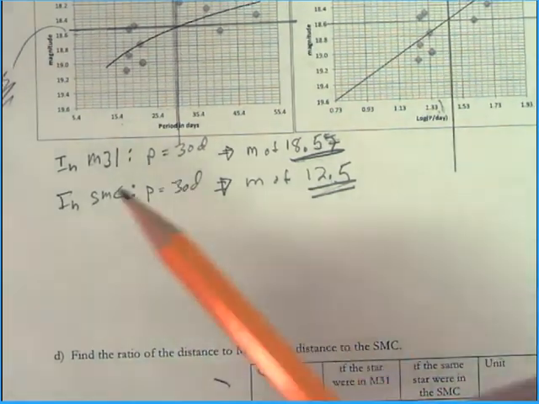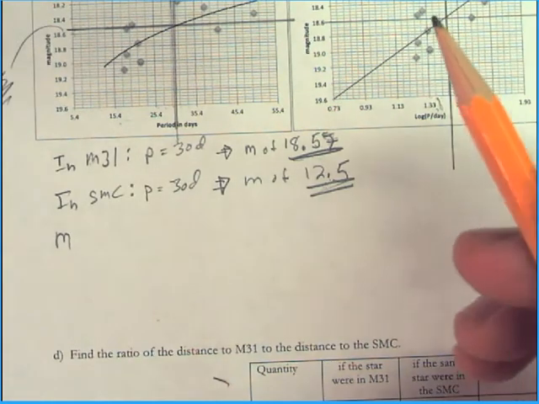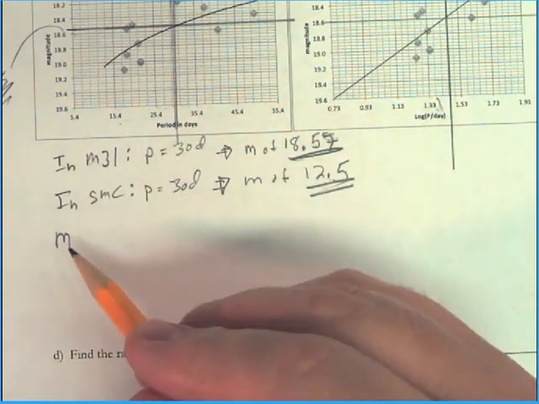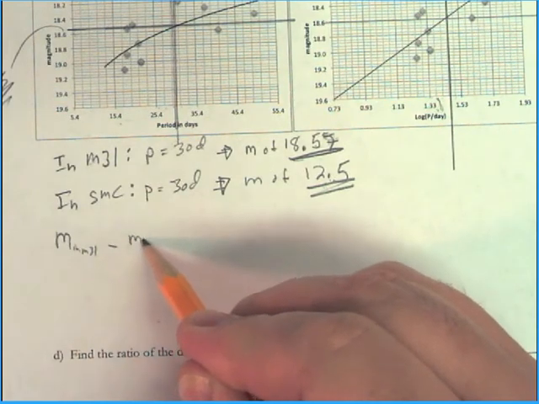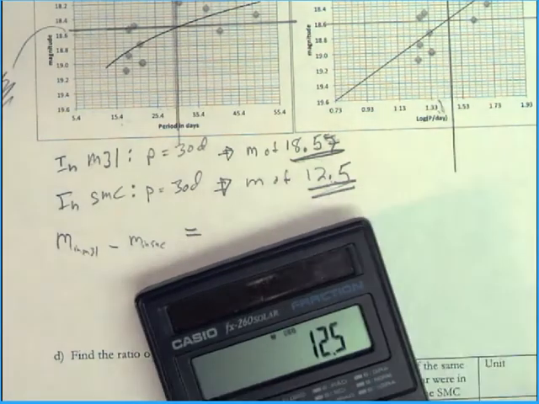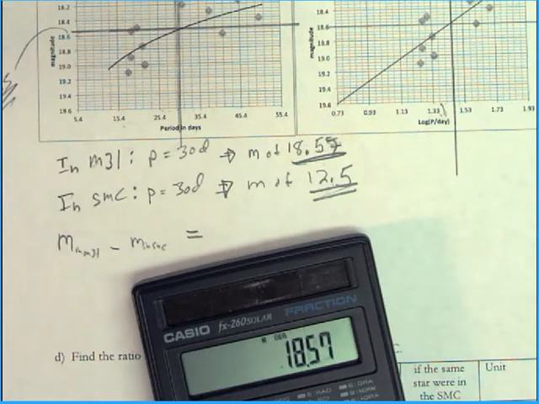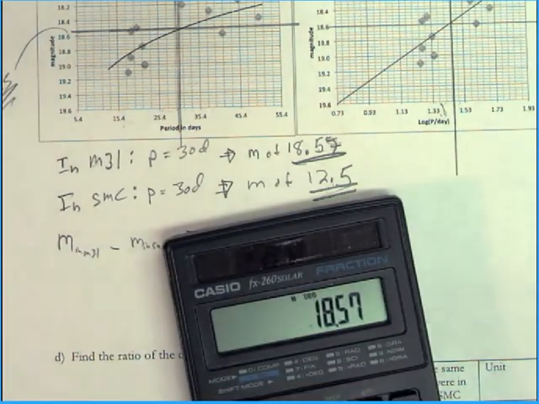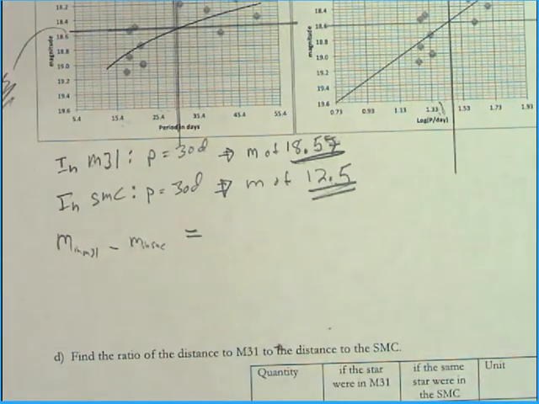So, we now know that the magnitude in M31 minus the magnitude in SMC is, which is, 6.07.